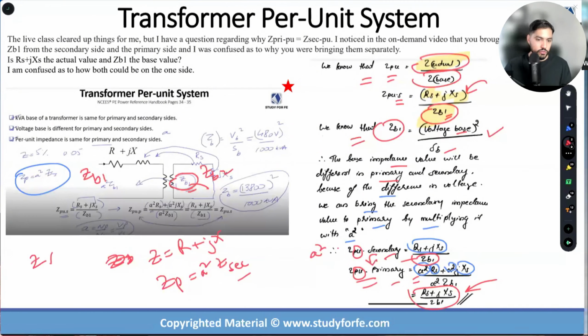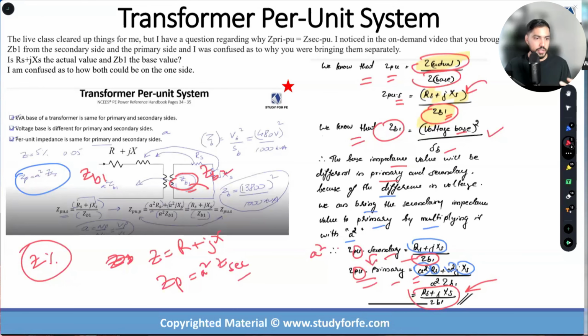Just like the transformer Z% on the nameplate applies to both the primary and the secondary. But the actual value, the ohmic resistance and the reactance, is going to be different depending on which side you are on. It's a very detailed derivation, and I did it from secondary to primary and primary to secondary in the on-demand.